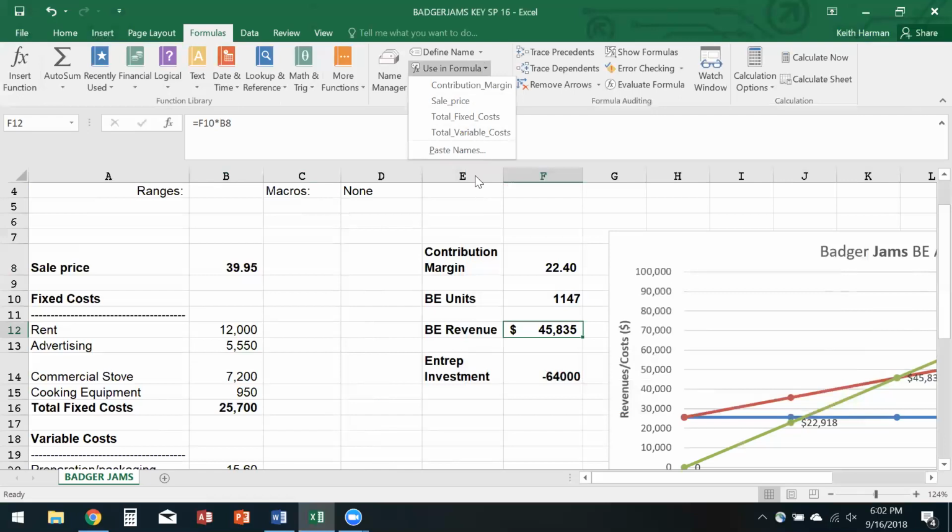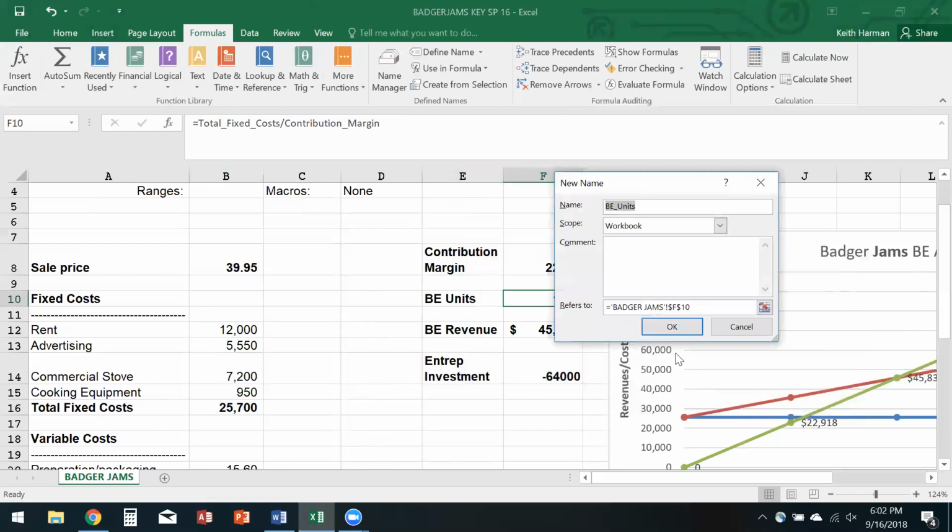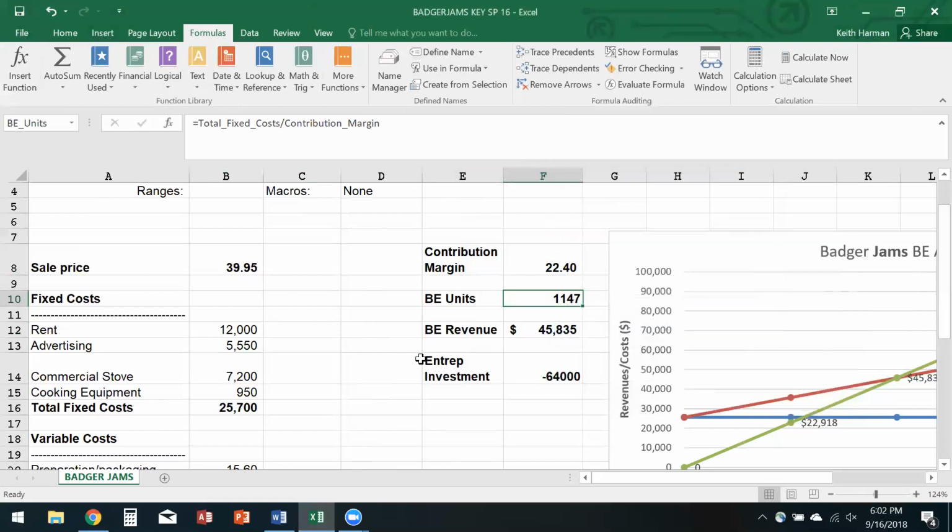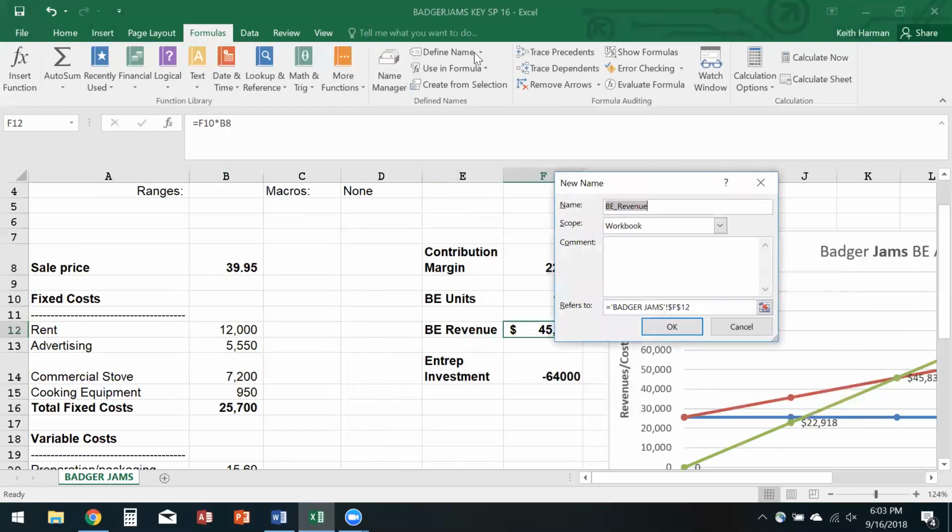We should have that in there. Oh, we did. Let's define the name. Yeah. Okay, now we're ready.